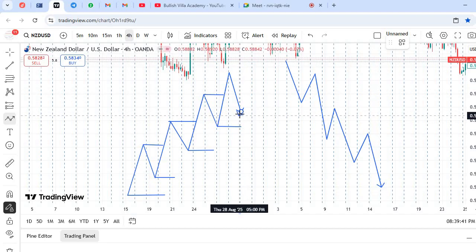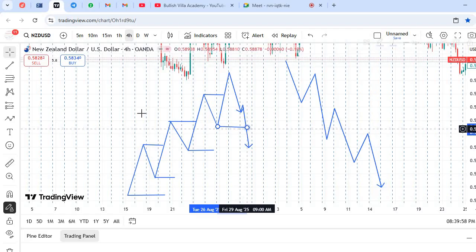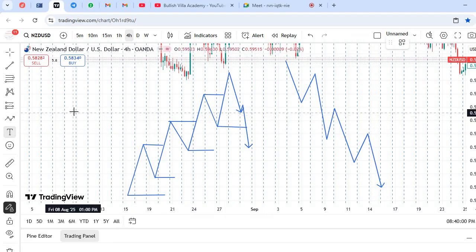But imagine it got here, did something like this, and started coming down. Now as it's coming down, it took out this low here, this last low. So once we have something like this, since this last low has been taken out, what we call it is change of character, the CHOCH.